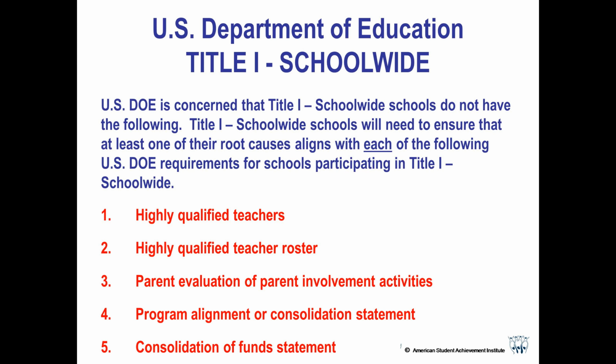And then in number 2, this is just a root cause that says that you're concerned that you don't have a roster of highly qualified teachers, or that there needs to be a plan to maintain or update your roster of highly qualified teachers. We need to make sure that each of these 5 areas gets entered as a root cause, because that later will allow you to develop an intervention to do these things.